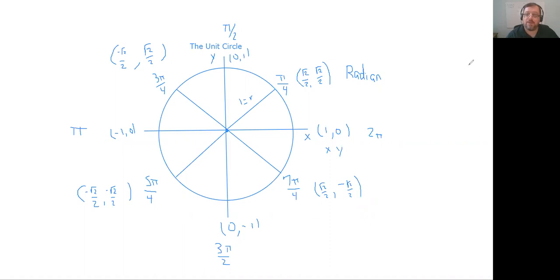Because look here, this is always the cosine and the sine. So your x value is going to be your cosine, and your y value is going to be your sine.